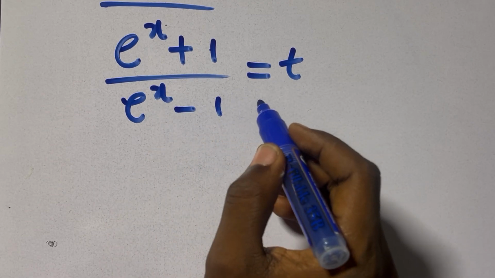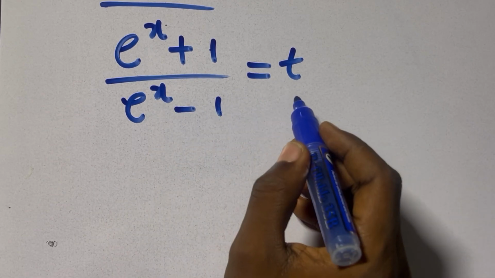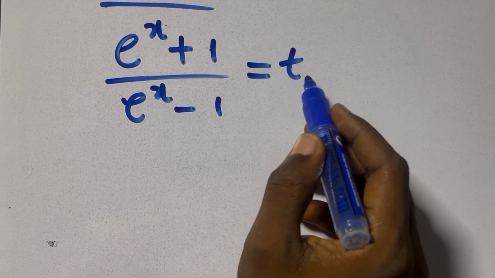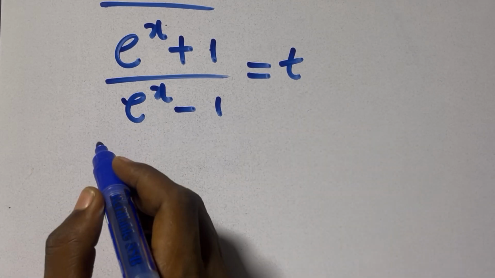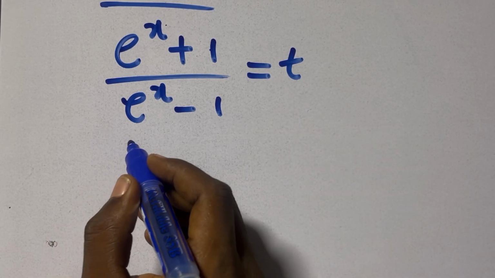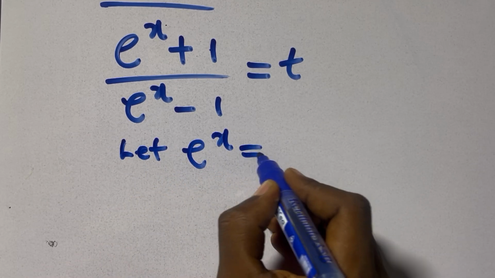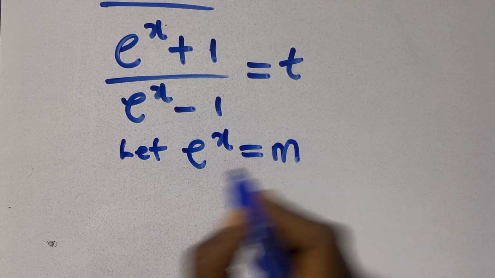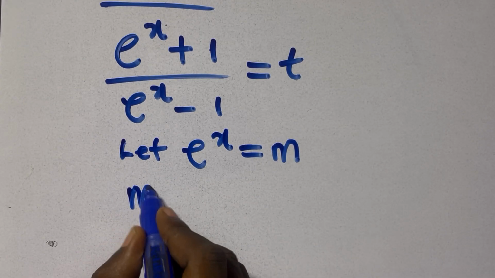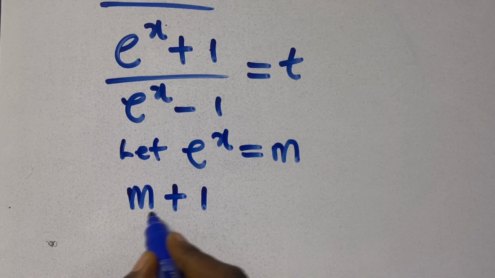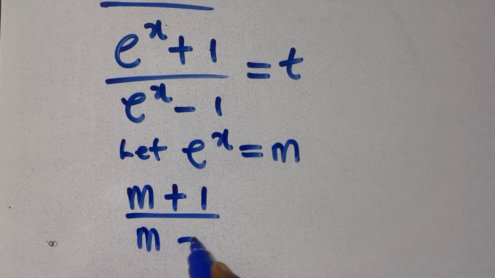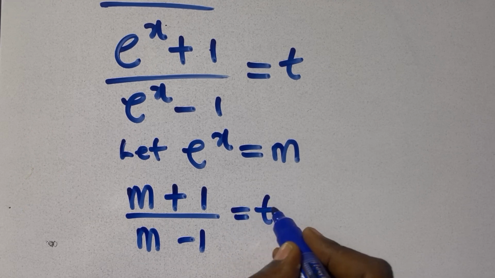But first, let's solve for eˣ, and to do that, let eˣ equal m. Therefore we have (m + 1)/(m − 1) = t.